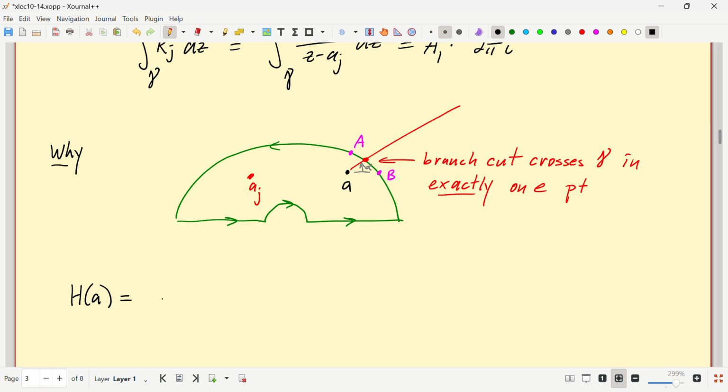Okay, so I'll write this: h of A is equal to the integral around gamma of 1 over z minus A dz.